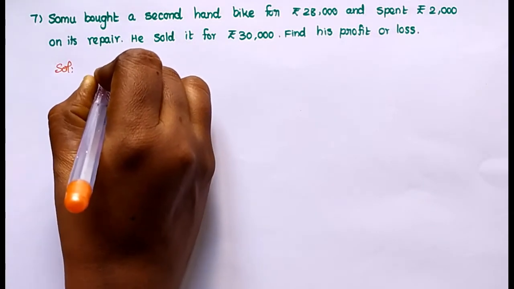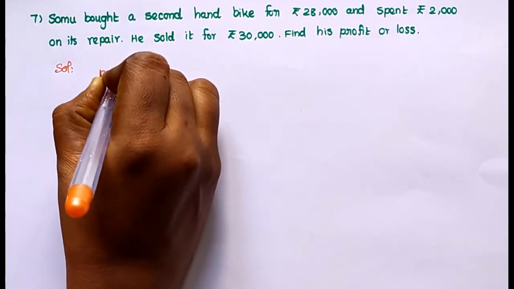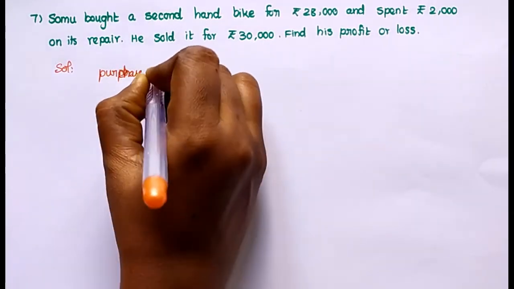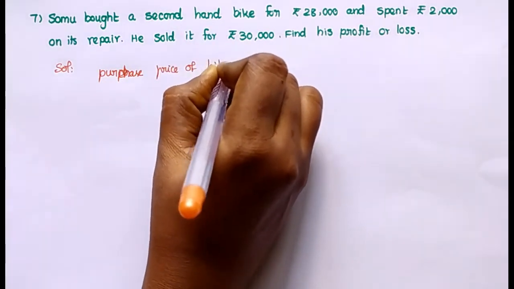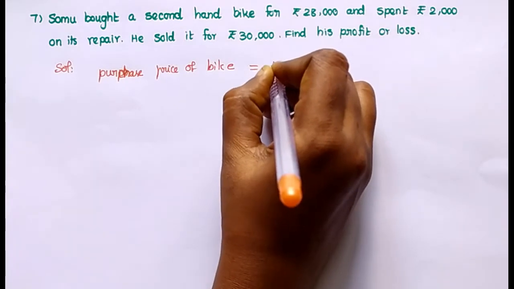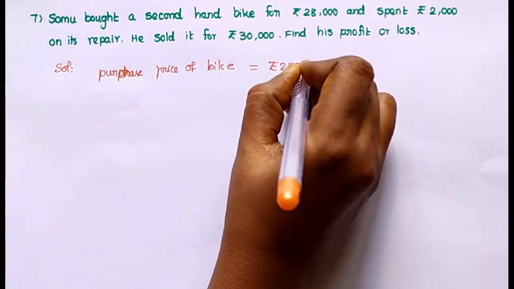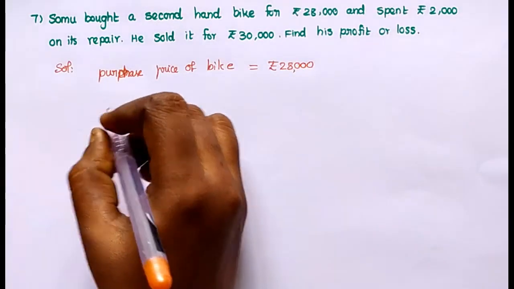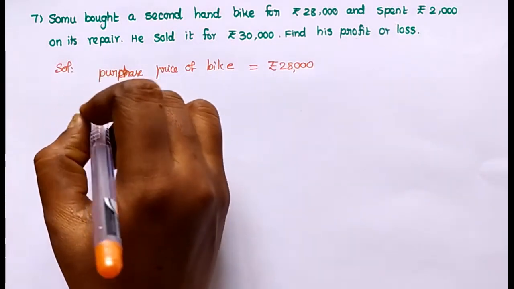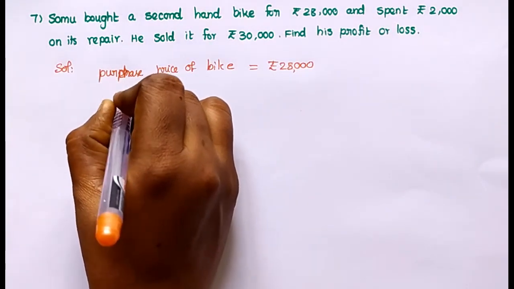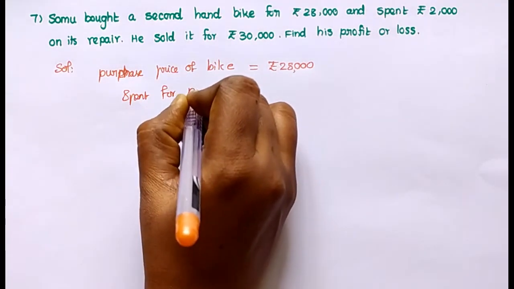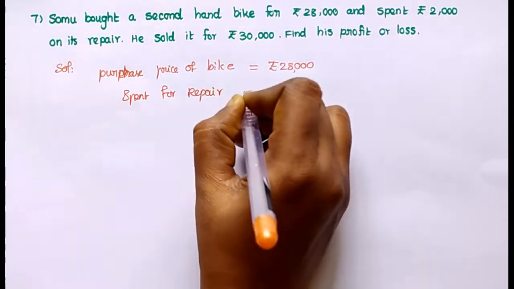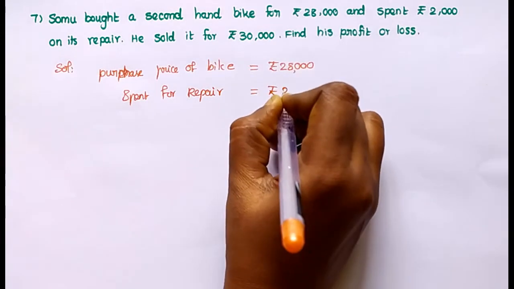So purchase price of bike equal to how much? 28,000. Spent for repair. That is equal to rupees 2,000.